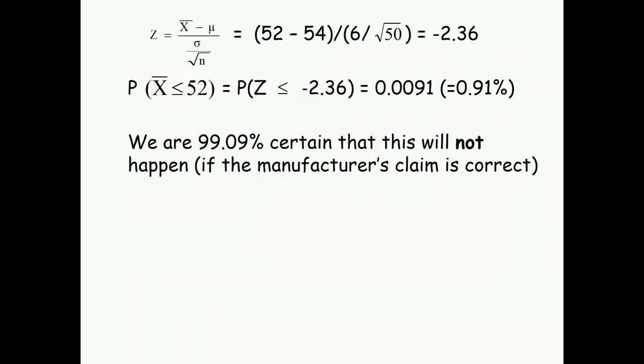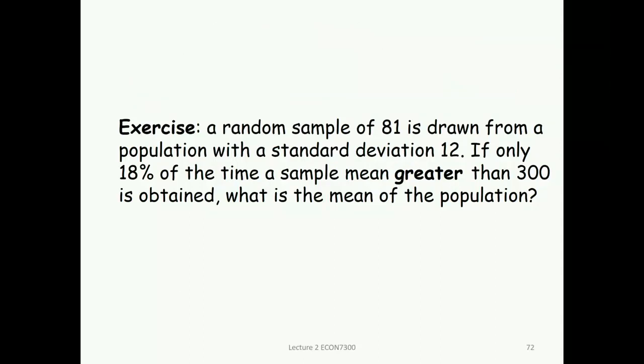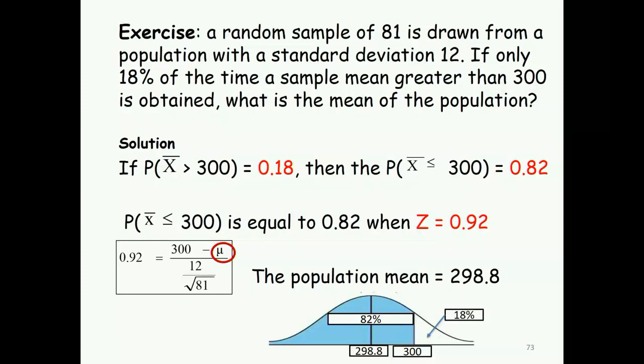So this information is sometimes a little bit confusing, but let us do it together. A sample mean greater than 300, 18%. A sample mean less than 300 would be 82%, the opposite. So 18% is greater than 300, 82% is less than 300.